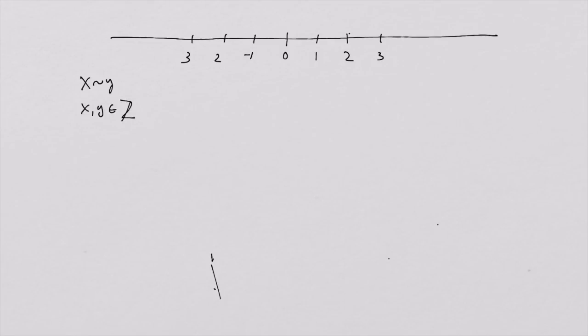Right, so this is different than what we did before. Now x is equivalent to y means 3 is equivalent to 2, is equivalent to -1, is equivalent to 0, is equivalent to 1, 2, 3, etc. forever, right? All of these are equivalent under this relation.